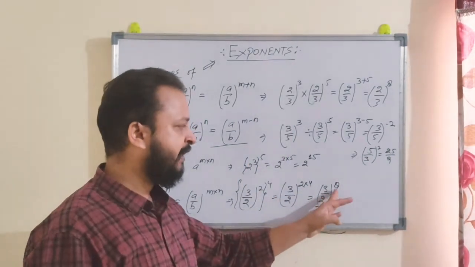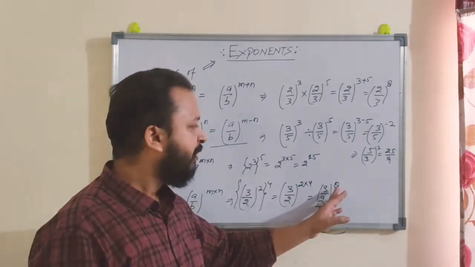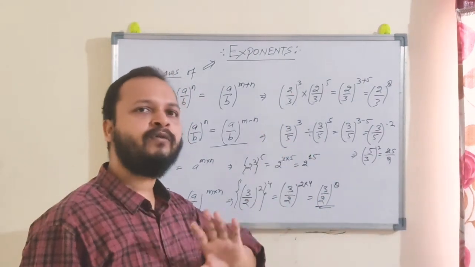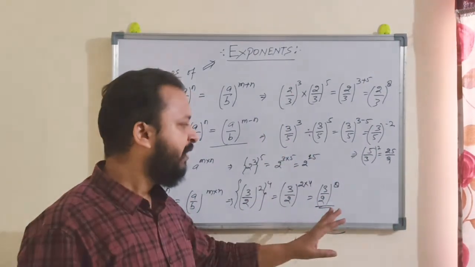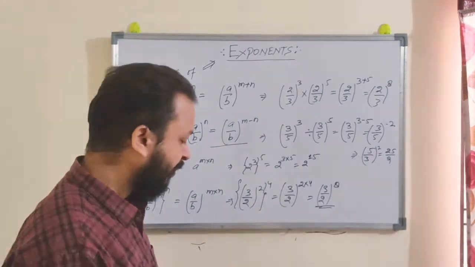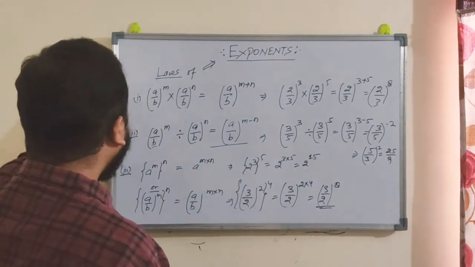But if the power is 8, 9, 10, 12, 15, don't try to solve it. Leave it as the answer. So this is the third law.